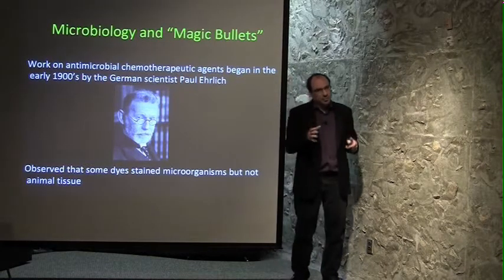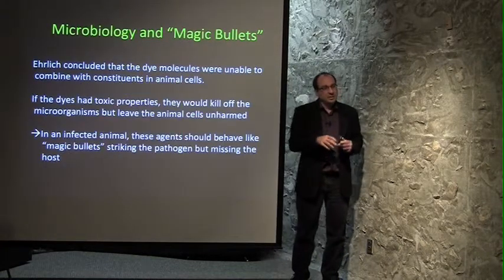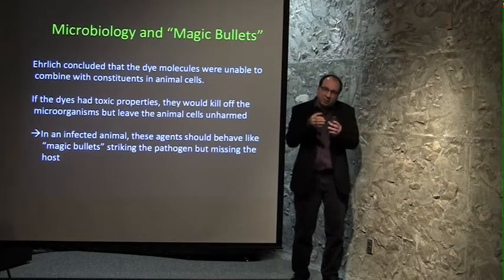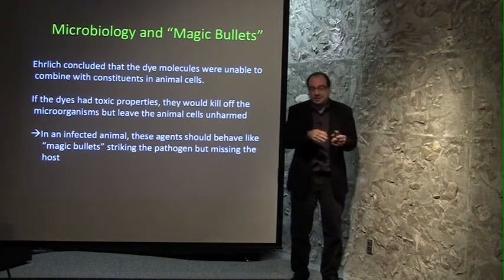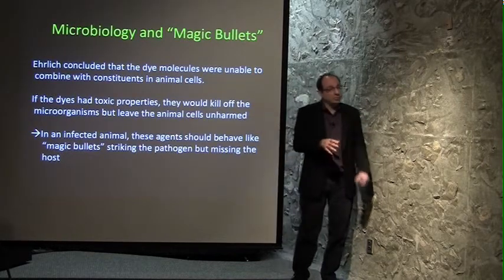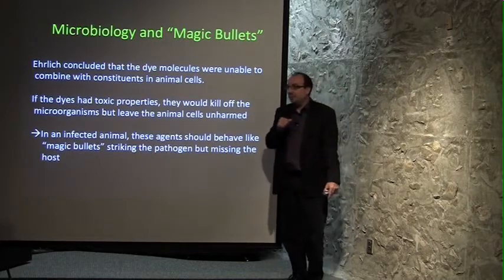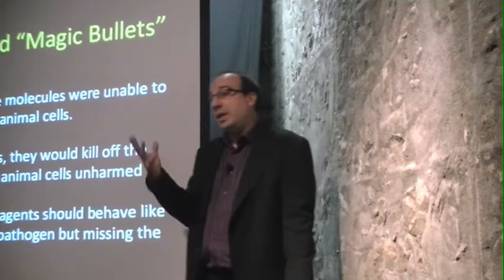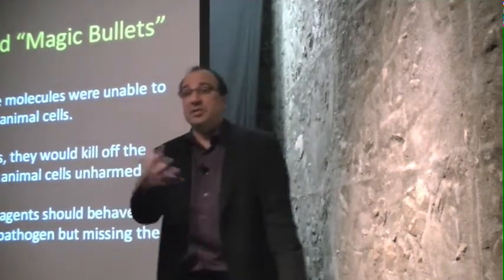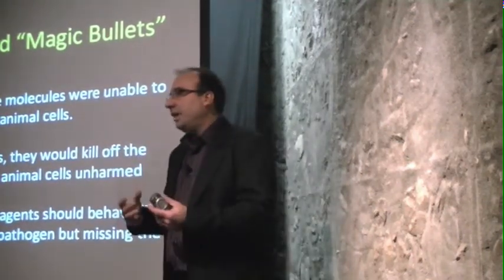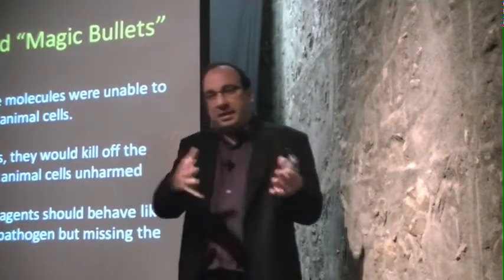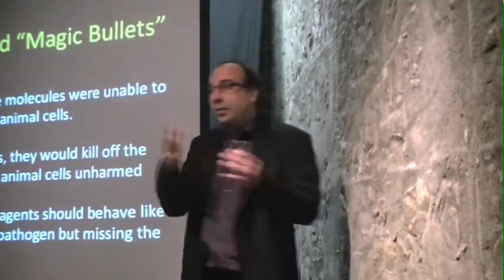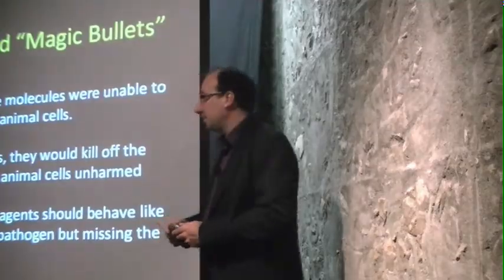Ehrlich thought, well, what if we could attach something toxic to this dye? That dye would go to the prokaryotic cell and leave the eukaryotic cell alone, so we could potentially kill the prokaryotic cell. So the idea then evolved, can we develop something that would kill these prokaryotic cells? And the challenge is to find something that kills the microbe without hurting the host.